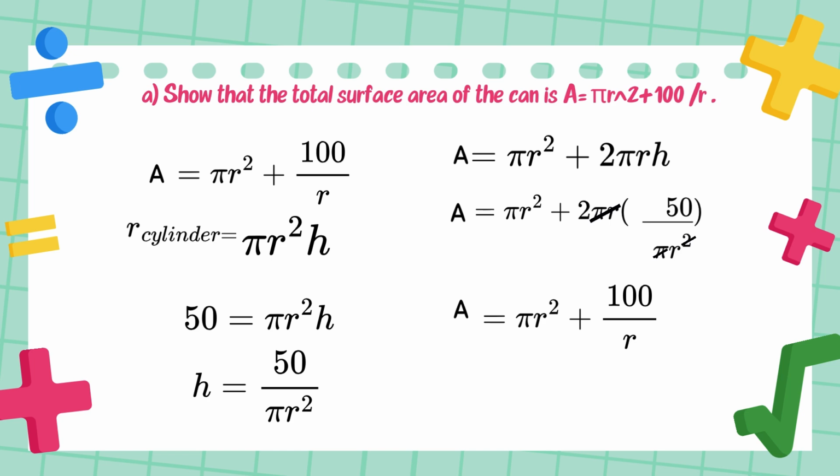If you see this closely, we can actually cancel out the pi r in 2 pi r and the pi r squared, leaving only the r behind. Then we multiply the 50 and 2 to get 100. So the last answer would be A equals pi r squared plus 100 over r. Thus, this is the total surface area.